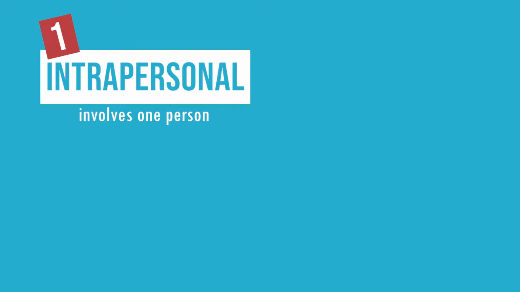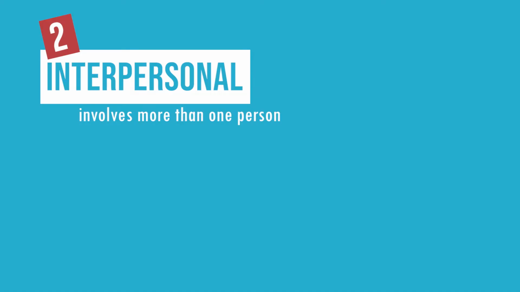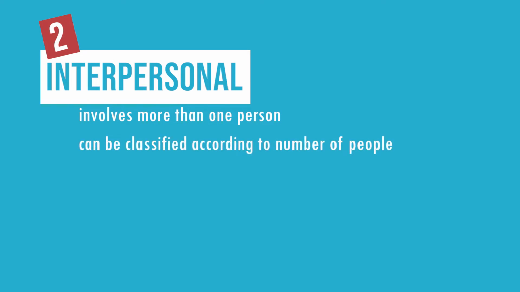Beyond intrapersonal communication are several types of speech contexts which we are more familiar with, such as interpersonal communication, which involves more than one person. Of course, it is not just the number of participants that determine each particular type of communication. They can be differentiated by its purpose.